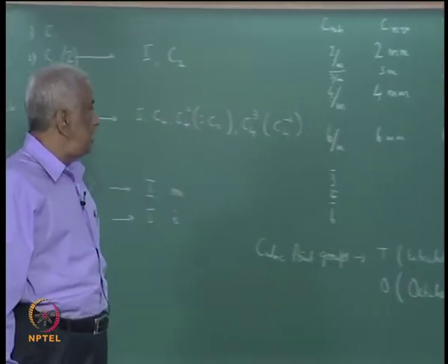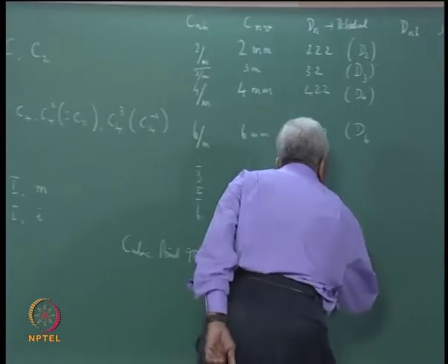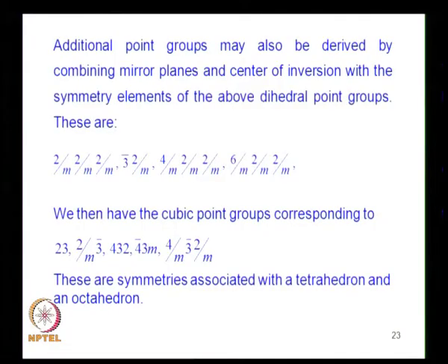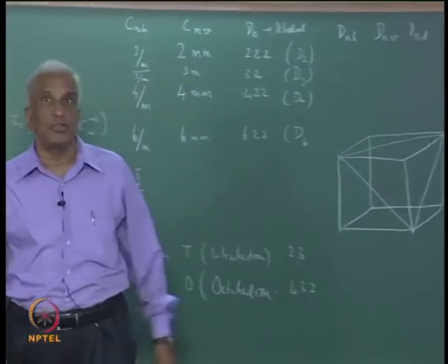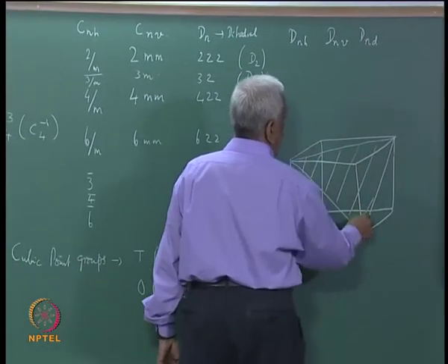So, you have T and O, which are also known as 2 3 and 4 3 2. Let us draw a cube, and it can be readily seen that by joining these and the vertex opposite to this triangular plane, you get a tetrahedron.